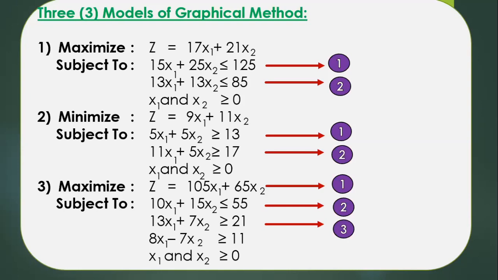And second, minimization, or minimizing the total cost of production. For that matter, the graphical method of linear programming will allow us to find the optimum solution. Remember, there are different methods in solving linear programming problems.